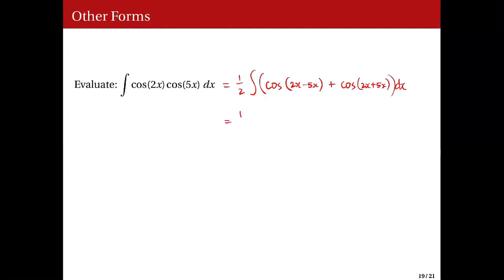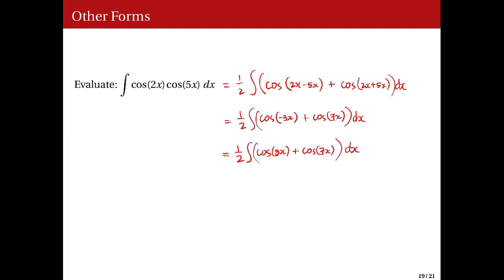So this simplifies into 1/2 integral of cosine negative 3x plus cosine 7x, quantity dx. But cosine of negative x is just cosine x. So we will have here 1/2 integral cosine 3x plus cosine 7x.